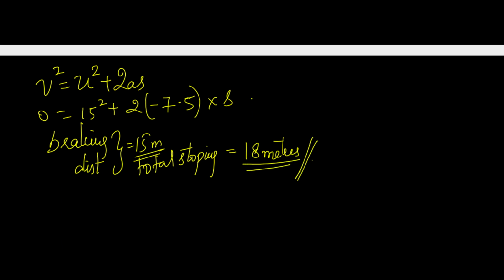Now we are going to see the same for driver Y, with the car model different. The reaction time for driver Y is 0.3 seconds, and car model A's speed is 72 km per hour. I'm going to convert it into meters per second, so 20 meters per second. So U is 20 meters per second.